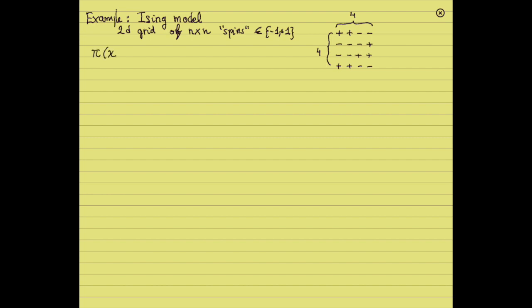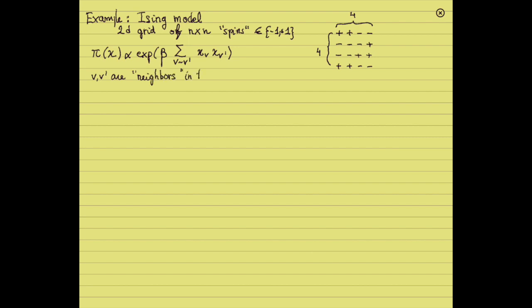And we define, so the state of the Markov chain x is such a grid. And we define pi of x to be proportional to the exponential of some positive value beta times the sum over all neighboring vertices of the product of the spins at those neighboring vertices. So v prime refers to neighbors in the grid.